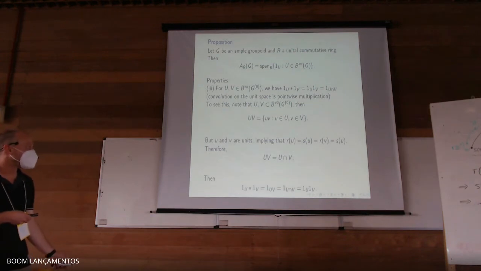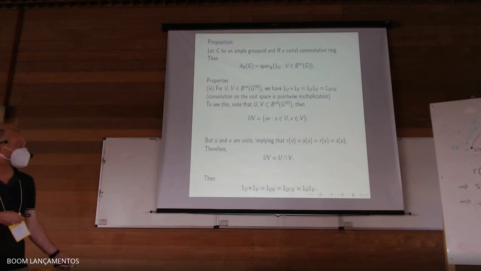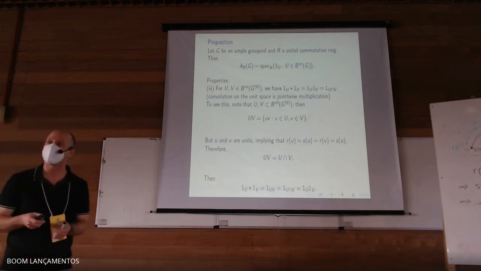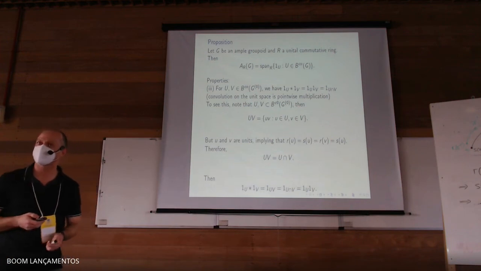And from that, we see that the convolution product of the characteristic function on U with the characteristic function on V is the characteristic function on UV in the inverse semigroup, but that's just equal to the intersection, which is the same as the usual pointwise multiplication of characteristic functions.